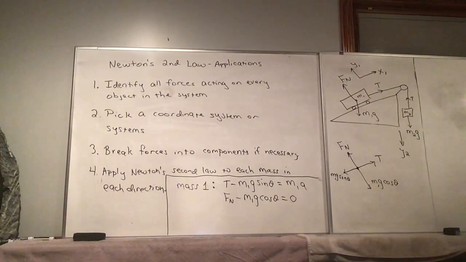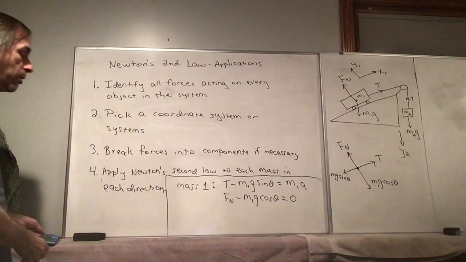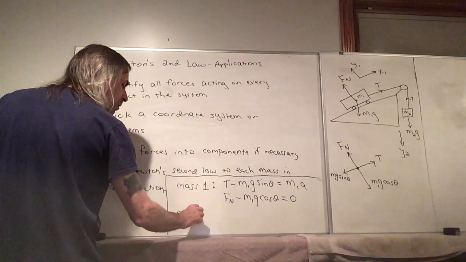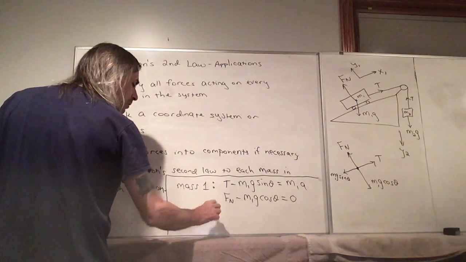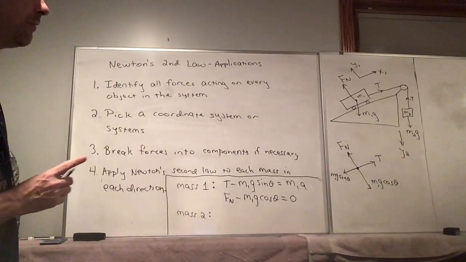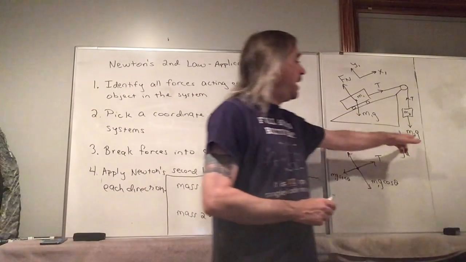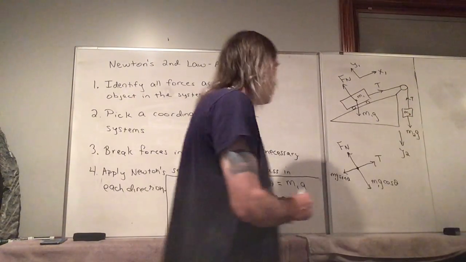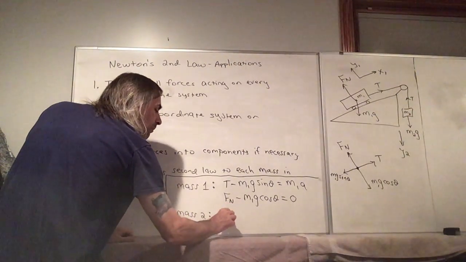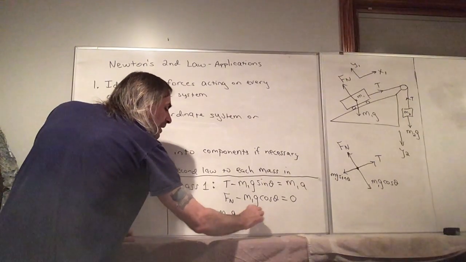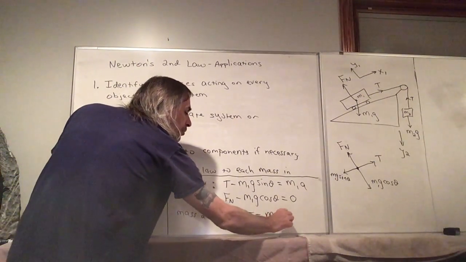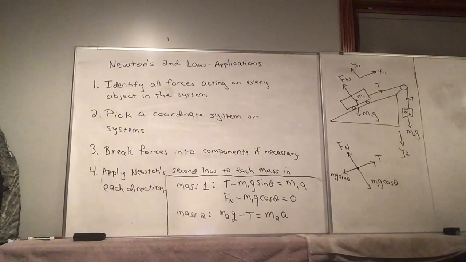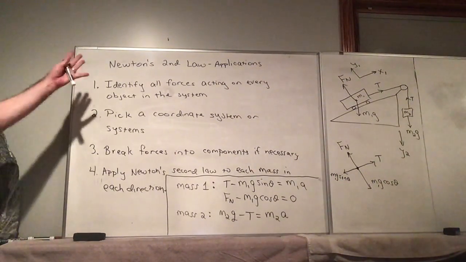So, we're going to set that whole right side to 0. And then for mass 2, we have gravity and tension, and y2 is downward. So we have M2G minus T equals M2A.